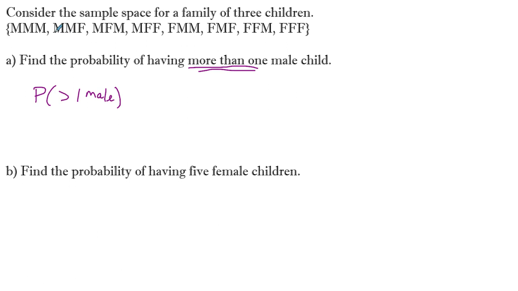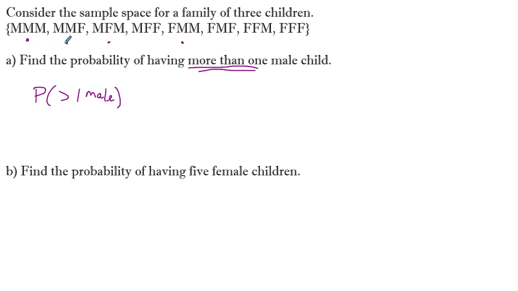And then we need to go into our sample space and just count which of these have more than one. Well, if you have 3 kids, more than one could be either 2 male children or 3 male children. So which of these situations have more than that? So we have 3 male children, that counts. 2 males, 2 males, 1 male, nope, 2 males again, and all the rest have either 0 or 1.